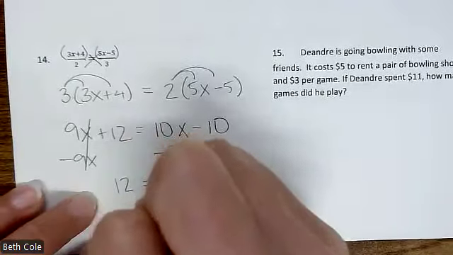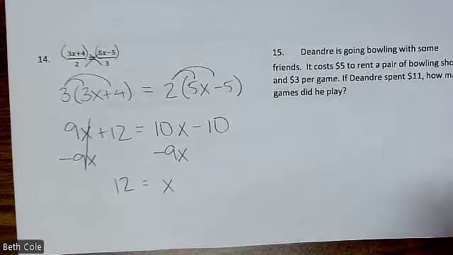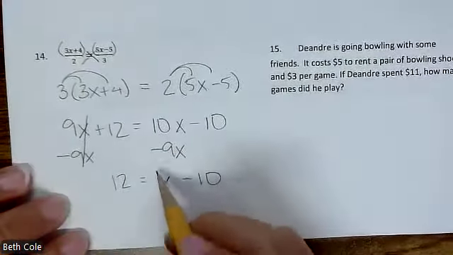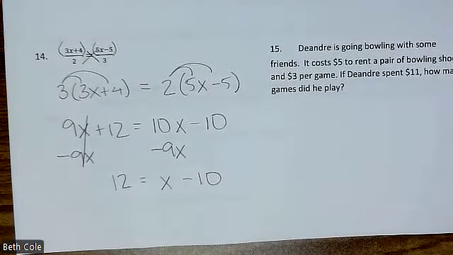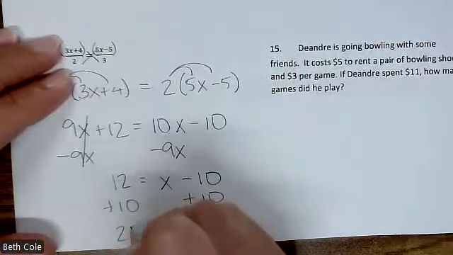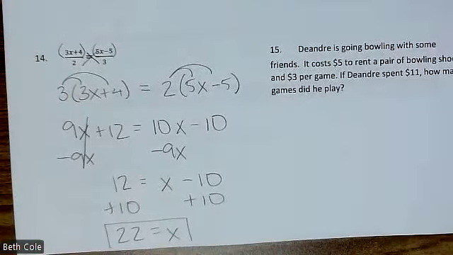So we're going to get 12 equals what? Yeah, 1x. You can put the 1 if you want to. Minus 10. Again, that boils down to personal preference. And then one more step is plus 10. So 22 equals x. Now, if you did it the other way, you ended up with a negative in there somewhere and had to cancel it out, but you still should have gotten a positive 22.